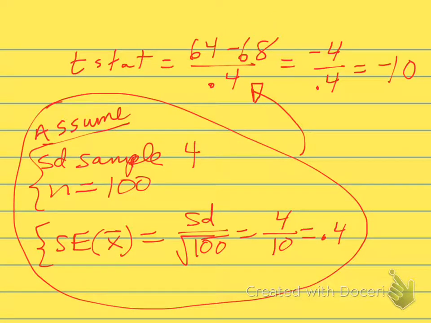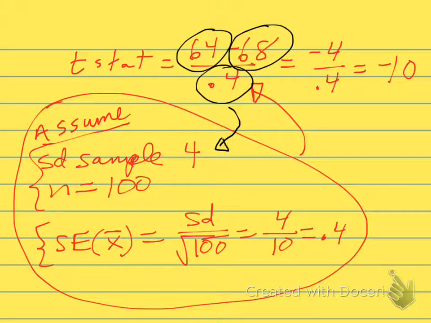For example, if in our sample we observed a mean height of 64 and our null hypothesis was that the population height was 68, and we assumed that the standard error of the mean was 0.4. The standard error of the mean we get from the standard deviation of the sample and the sample size.